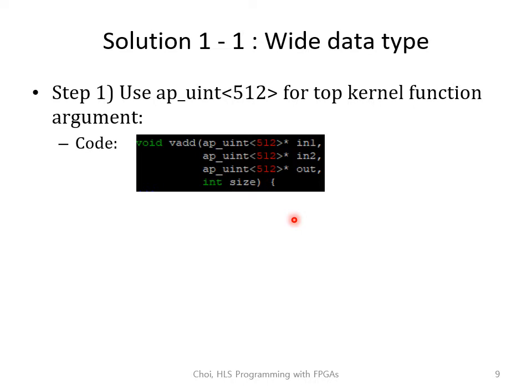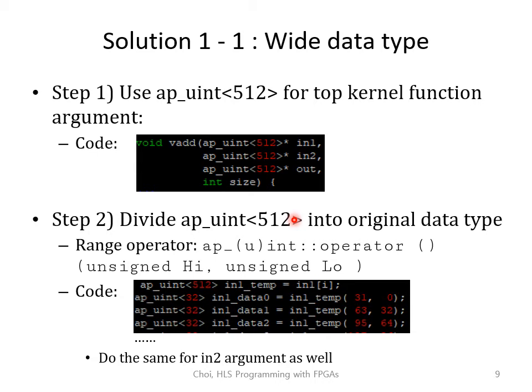Now, the problem with this code is that the data was originally in the unsigned int type, right? So if you start fetching data in an ap_uint<512> type, we need to divide the data into the original data type. To achieve this, you want the range operator where you specify the high and the low bit between the parentheses.